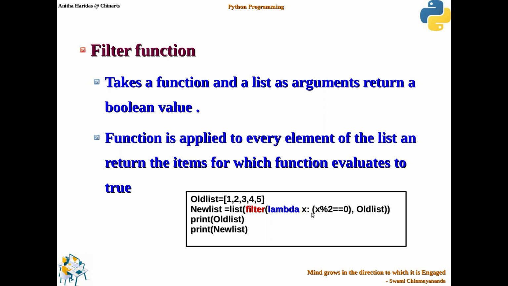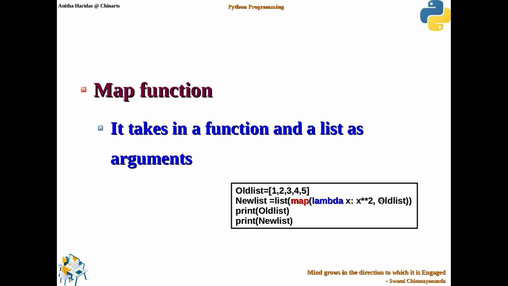So this function returns only those elements for which the value returned is true. Whereas here all the elements will be returned. Suppose you have 5 elements here, the function will be applied to all the 5 elements and it will return 5 elements itself.